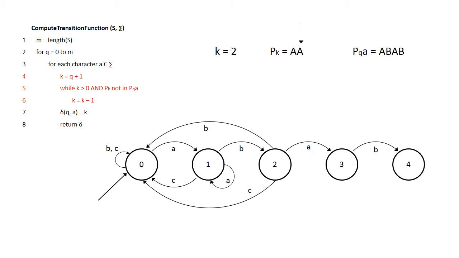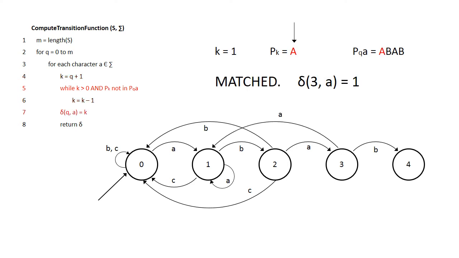Same goes for AA, so K becomes 1 and PK becomes A. Now the string PK is part of ABABC, so the transition goes to state 1. The same process would happen if C was input, but no match would be found, meaning its transition goes all the way back to state 0. Once the algorithm is complete, all possible state transitions have been worked out.